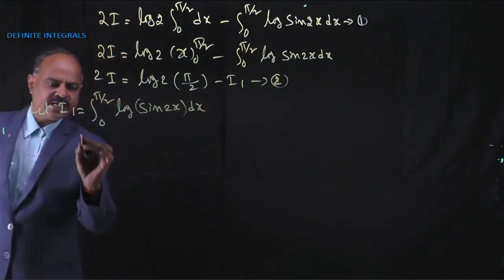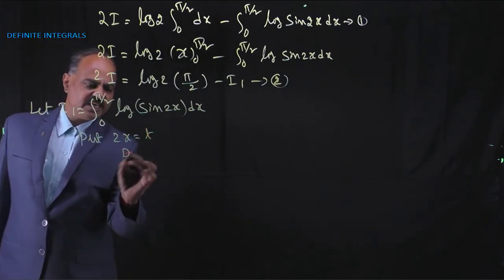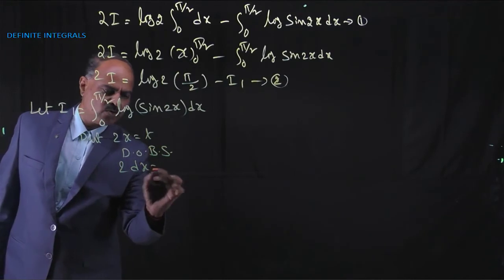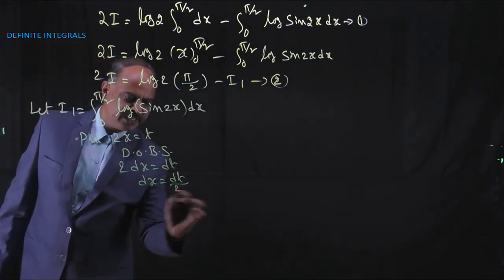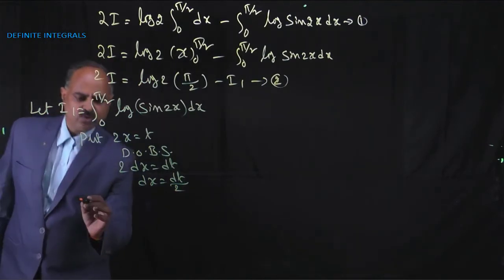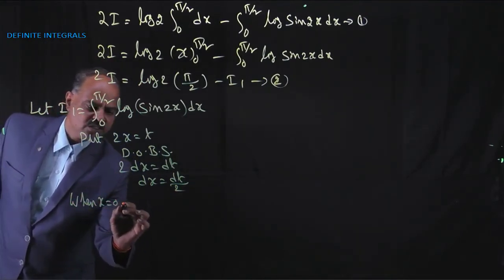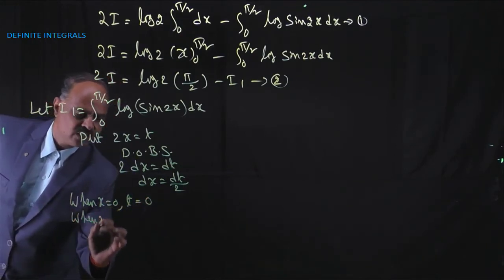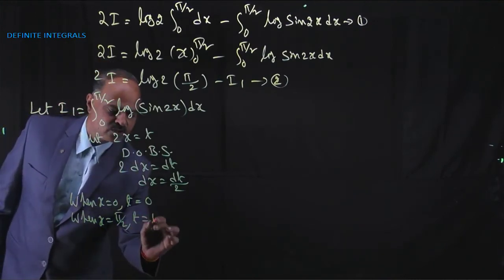So put 2x equal to t. Differentiate on both sides: 2 dx equals dt, therefore dx equals dt by 2. When x equals 0, t equals 0. When x equals pi by 2, t equals pi.